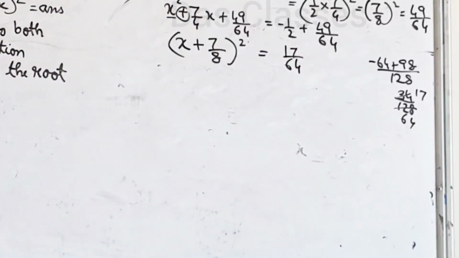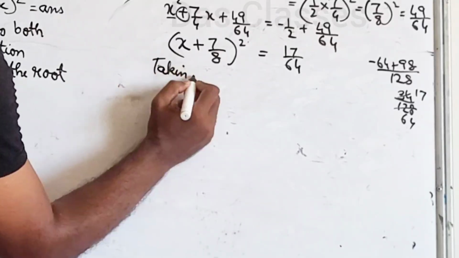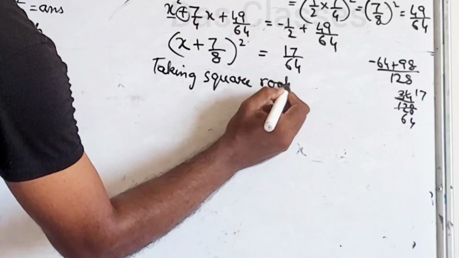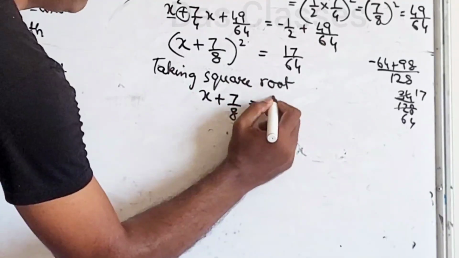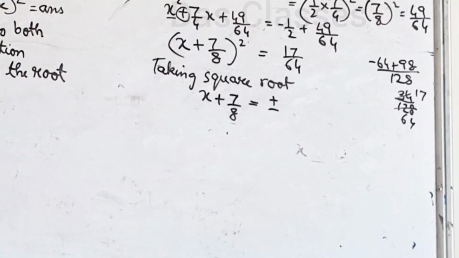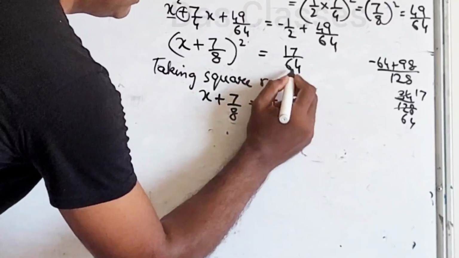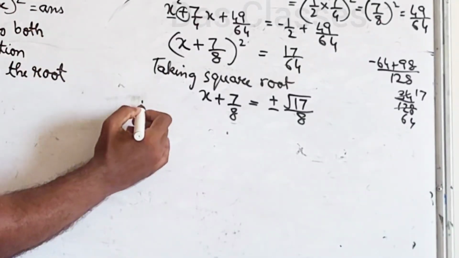In next step, we have to take the root of this, taking square root. It's going to be x plus 7 upon 8 will be equal to plus minus. Now as you can see, root 17 is not a perfect root, so we'll write it as root 17 upon 64 is a perfect root, that is 8. Therefore we have got two answers.